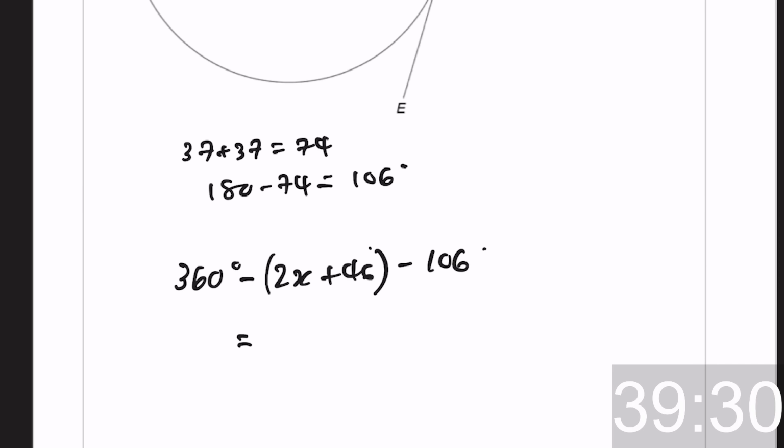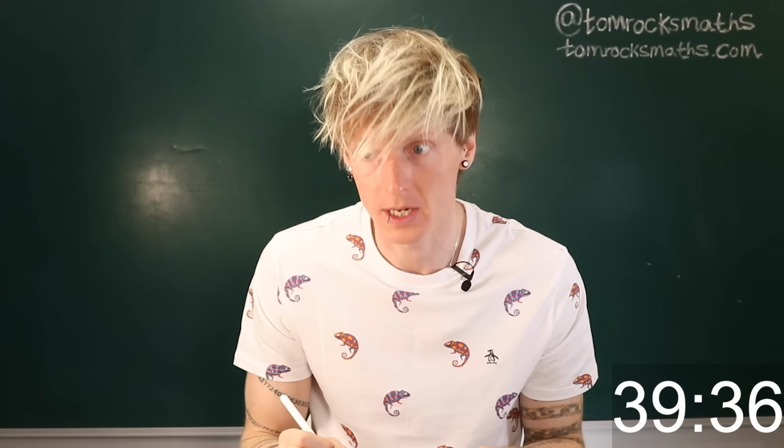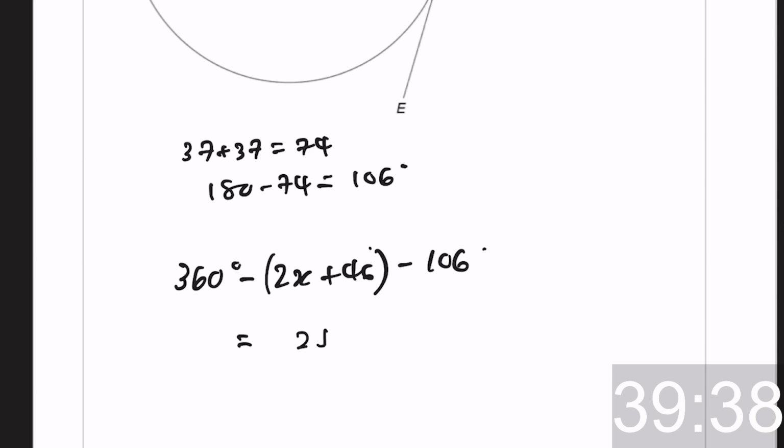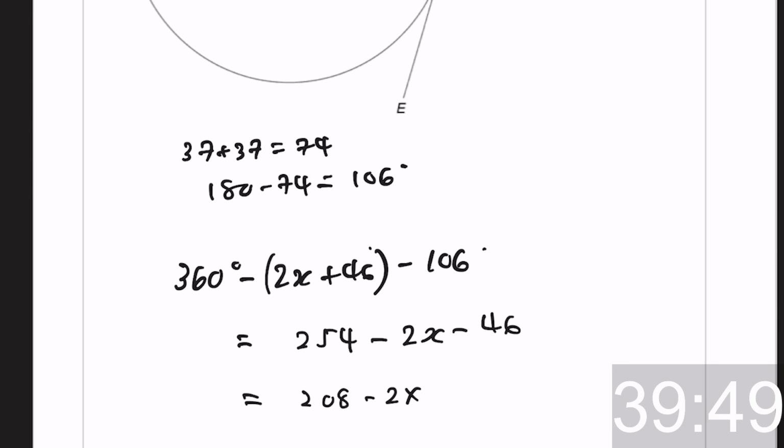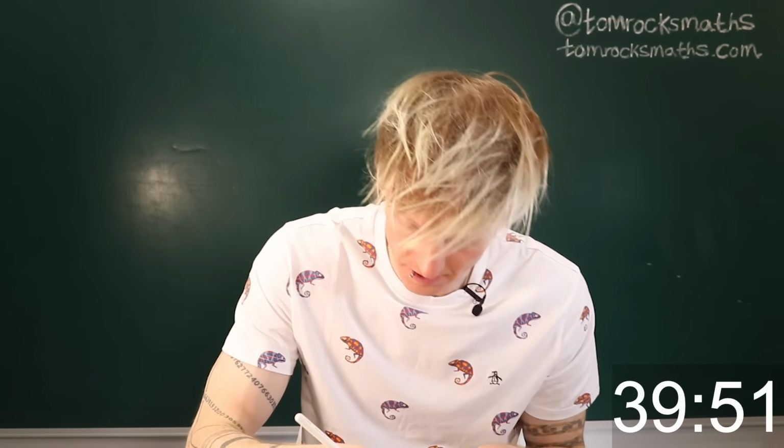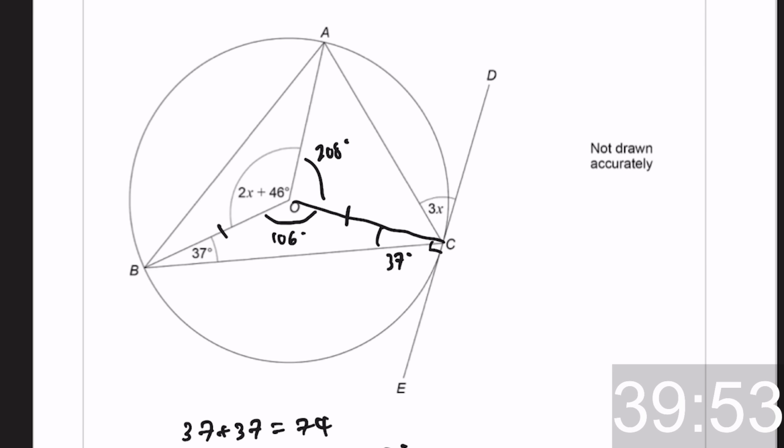So 360 minus 106 would be 254. 254 minus 2x minus 46. So that's 208 minus 2x, I think. Okay, so that one there is 208 degrees minus 2x.